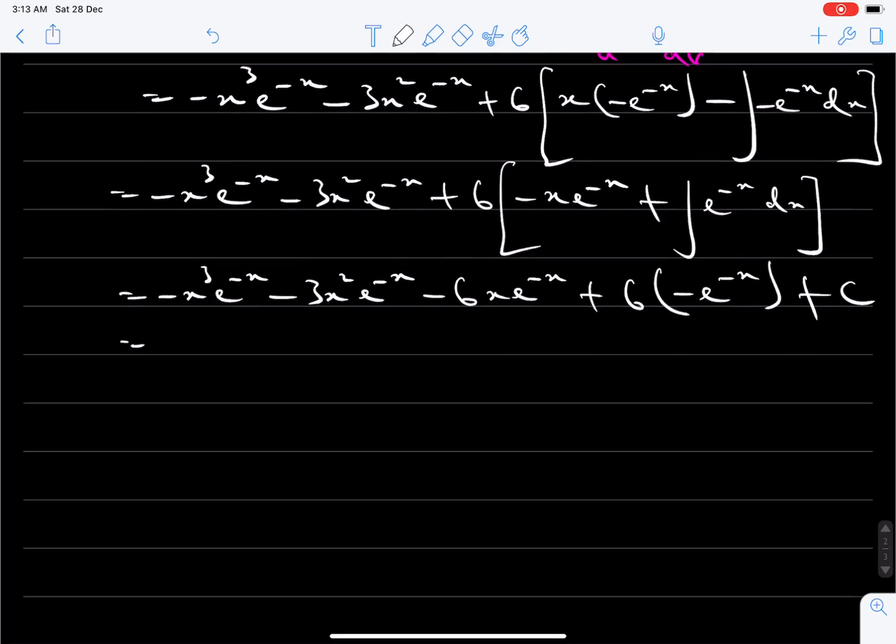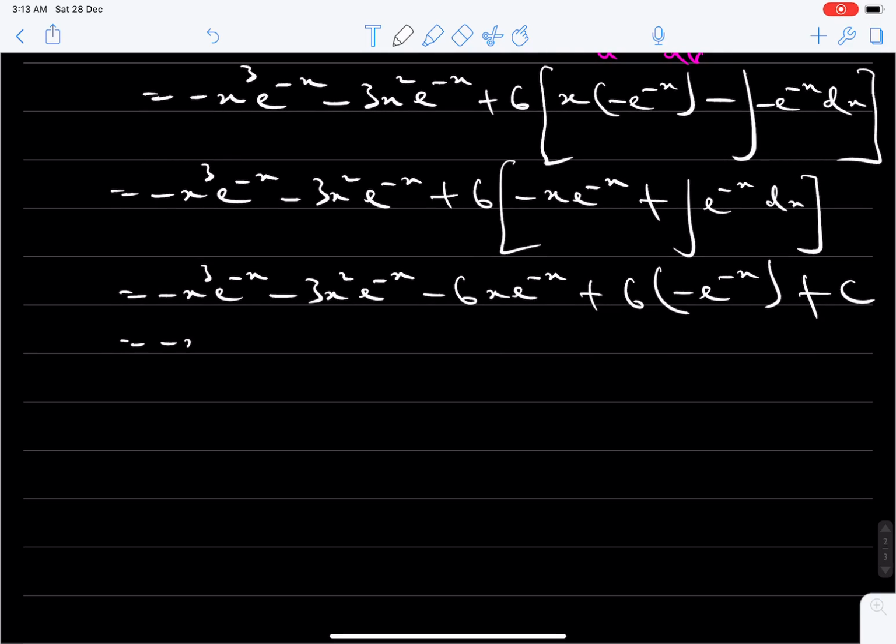And that's the final answer. The final answer is minus x cubed e raised to power minus x minus 3x squared e raised to power minus x minus 6x e raised to power minus x minus 6 e raised to power minus x plus c.